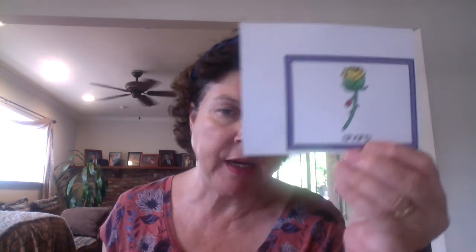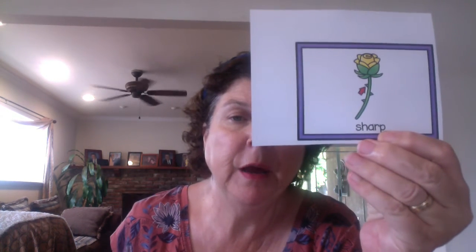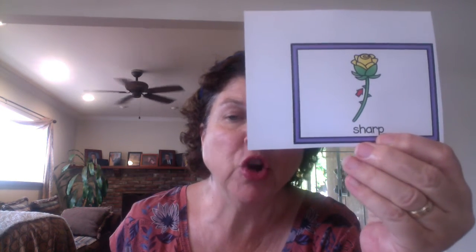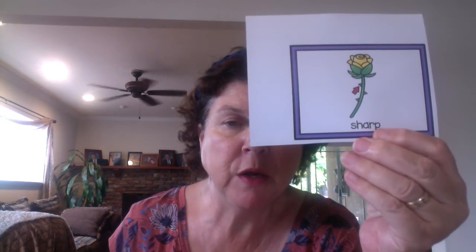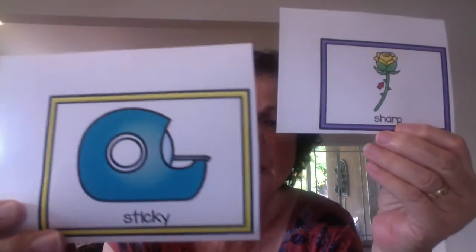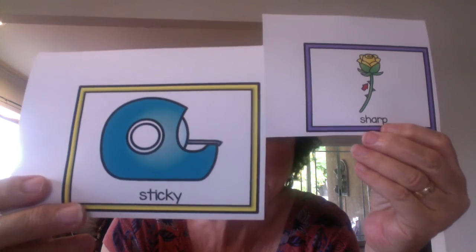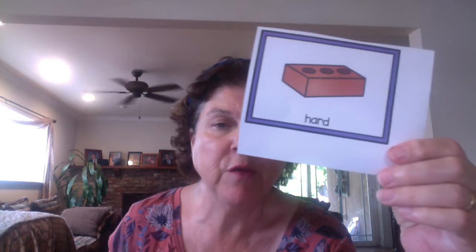Other ones that you might have that describe what something feels like, something sharp, like the thorns on the flower are sharp. So if you're describing those, you use sharp so somebody knows to be careful. Sticky, the tape is sticky. Or you could say something is hard, like if you were touching it, it was hard.